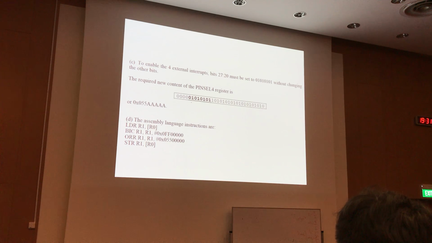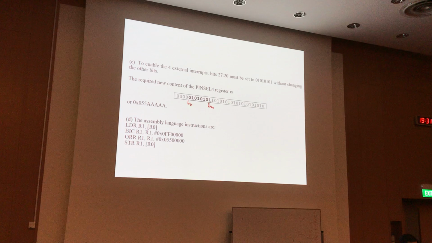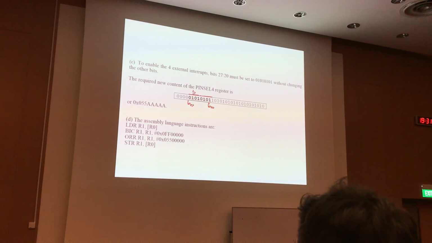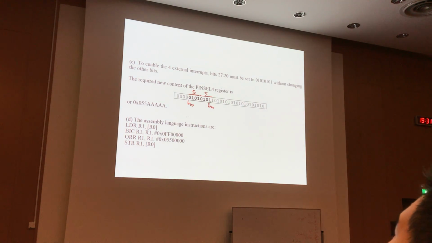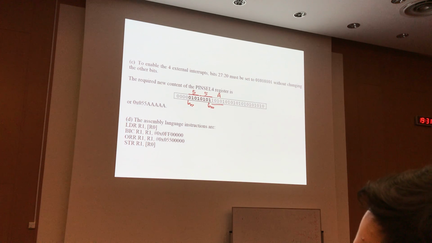So like for example, the bit 20 to 27, right? So once again, I emphasize that you should be able to switch between hexadecimal and binary in 1 second, right? So straight away you will know that this is a 5, and this is a 5, hexadecimal 5 5, and this 1010 is an A, okay? And of course this is 0, so all these are A's. So this is the value inside here.